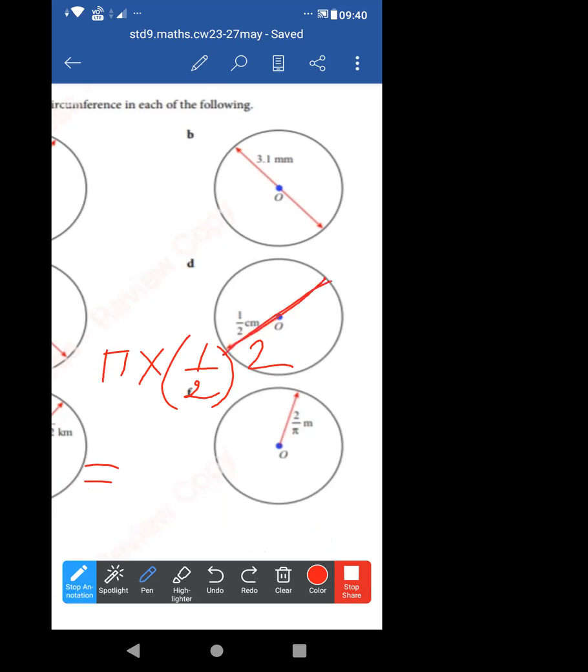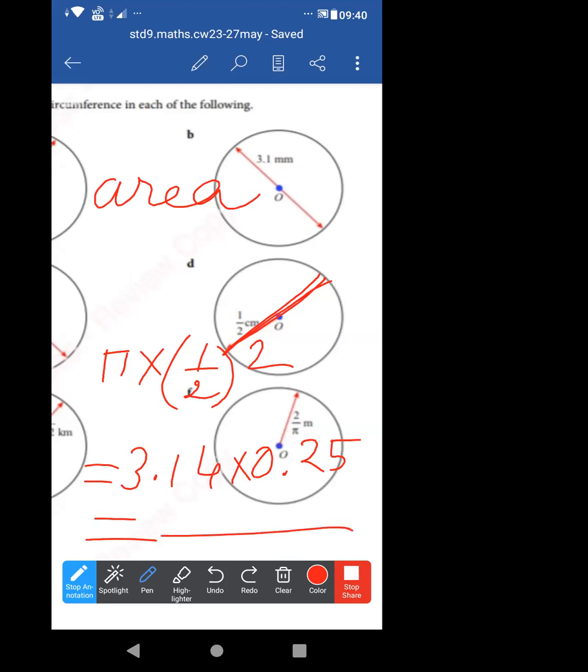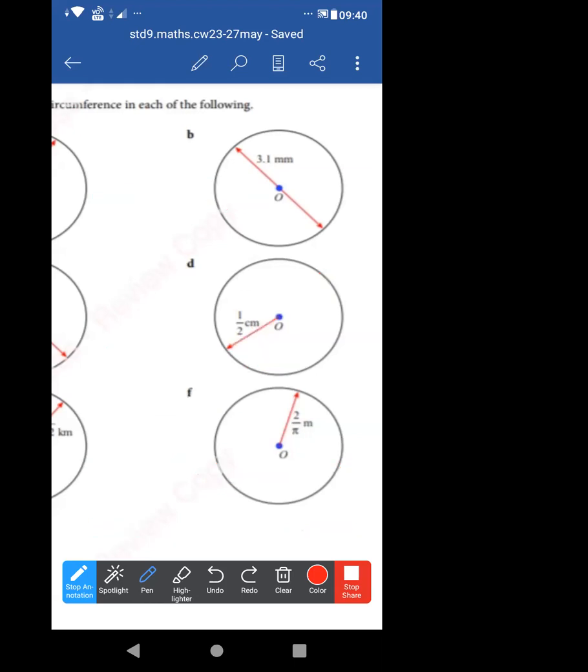But we need the radius square, not the diameter, in the formula of area. So it is 0.25. Now pi means 3.14 into 0.25. The answer will be 0.785 centimeters square. A, B, C you can do at home.